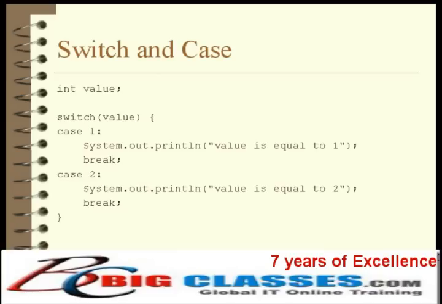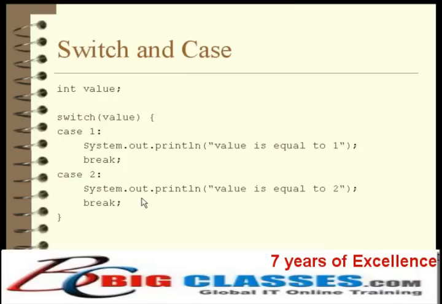You take a variable expression of some sort and place it inside the parentheses of a switch statement, and the value of the variable will cause your program to jump to a matching case statement inside the body of the switch. In this example, if the value is 1, a jump will be made to this statement. If the value is 2, a jump will be made to this statement.